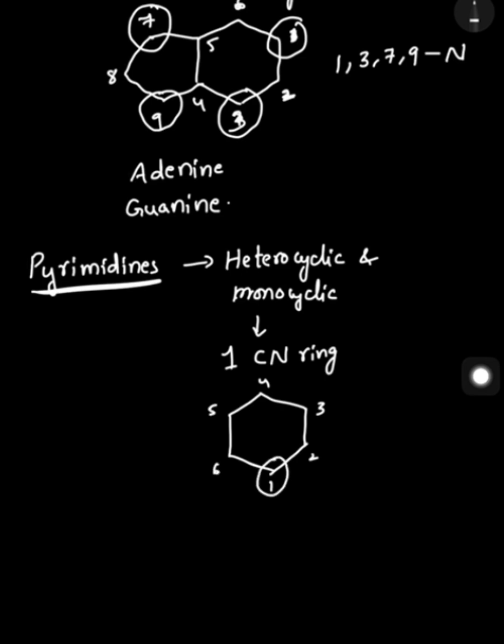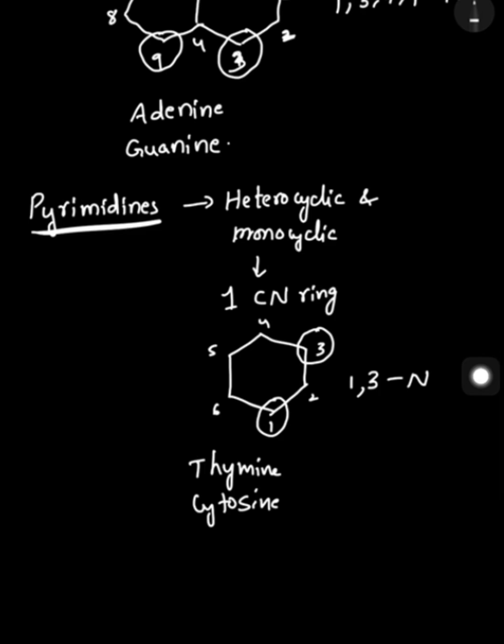In its first position and in its third position it has nitrogen. In remaining positions it has carbon. So dicyclic and heterocyclic compounds are purines. Monocyclic and heterocyclic compounds are pyrimidines. Here in DNA, two types of pyrimidines, thymine and cytosine. Thiamine is a vitamin, but here it is thymine, which is a nitrogen base. One more pyrimidine is there, that is uracil, but it is not there in DNA. It is present in RNA.